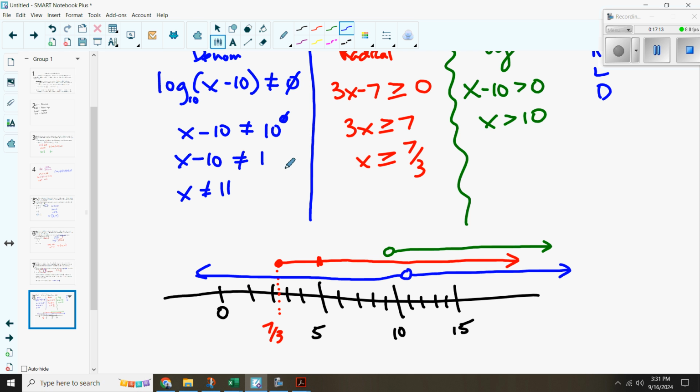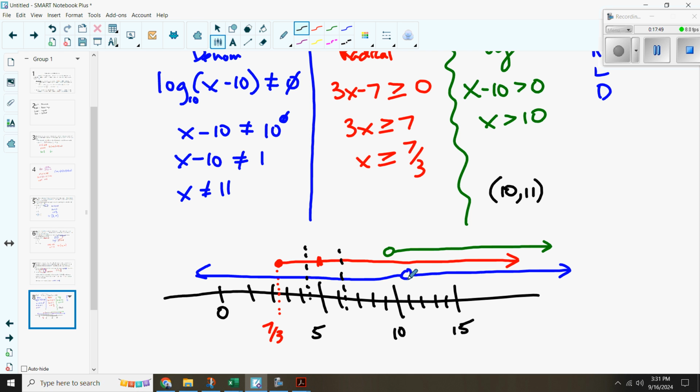And I cannot violate any one of these. So think about what a line would look like if I was to draw it up from the x-axis. I have to cross all 3 lines. So here, between 10 and 11, I am crossing all 3 lines. The blue is okay, the red's okay, and the green is okay. So not including 10 because it's an open circle, I can go from 10 to 11, and I'm in pretty good shape.